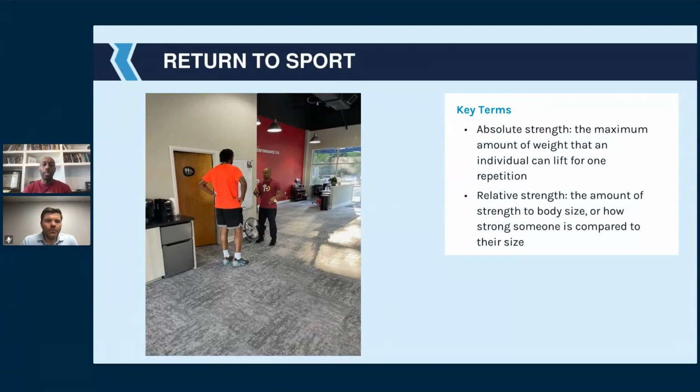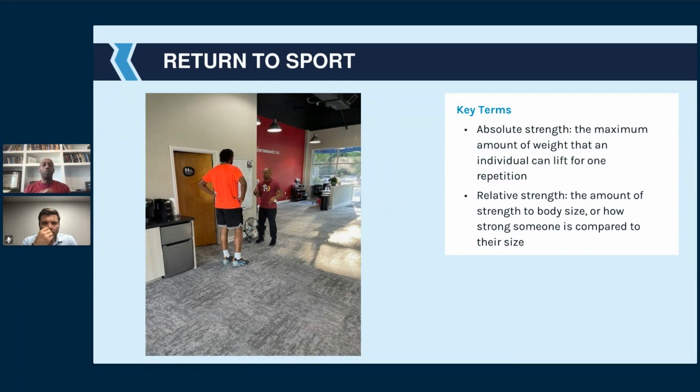Just make it simple. Now, relative strength is harder to quantify, right? Because you have to take into consideration the person's body size and then compare it to how much they're lifting. There are measures for it. I don't have the equation, it's kind of complicated.